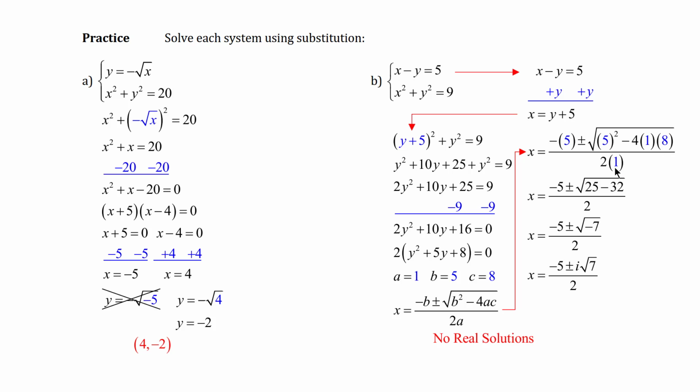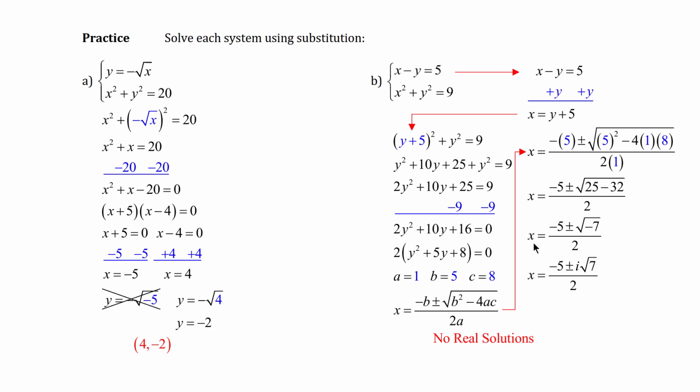Next, we simplify. We get 5 squared is 25. We have minus 4 times 1 times 8 is negative 32. 2 times 1 is 2. The result is x equals negative 5 plus or minus the square root of 25 minus 32 all over 2. Next, we have 25 minus 32, which is negative 7.